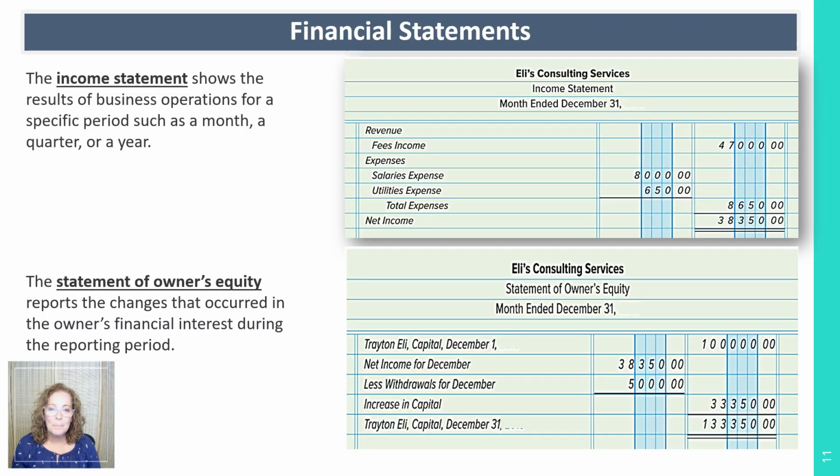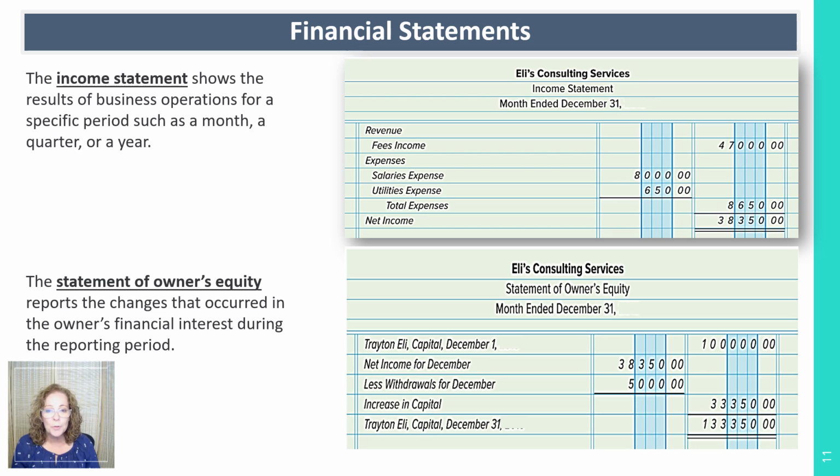The next step after we analyze the business transactions for Eli's Consulting is to prepare a standard set of financial statements. Preparing financial statements is one of the accountant's important jobs. Many business decisions are made based on the information in financial statements, and investors rely on the financial statements of publicly traded companies.